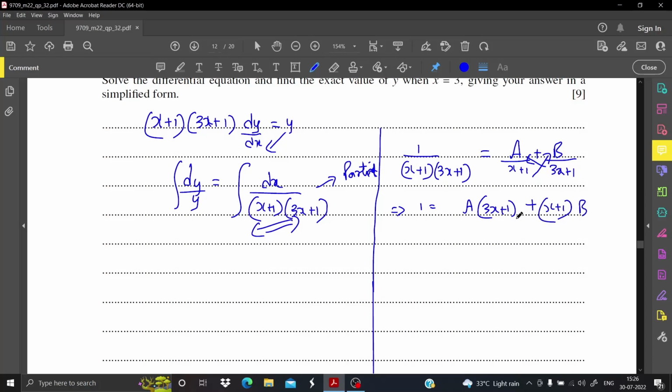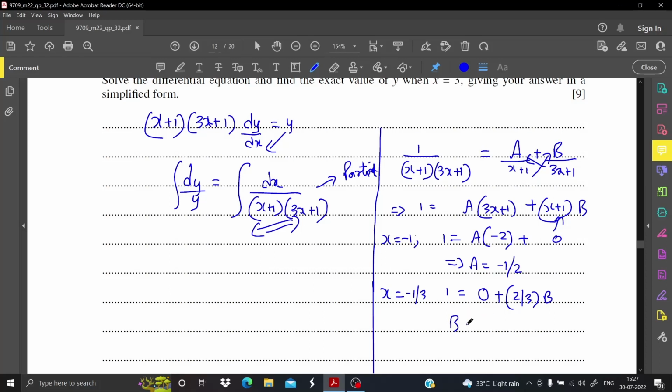You can go for a simple substitution of proper x values. When you substitute x equal to -1, get 1 equal to minus 3 plus 1 will give you minus 2. But when you put x equal to -1, this becomes 0. So your a is -1 by 2. Similarly, when you plug in x equal to -1 by 3, get 1 equal to, now this time this becomes 0. -1 by 3 plus 1 will give you 2/3 of b.